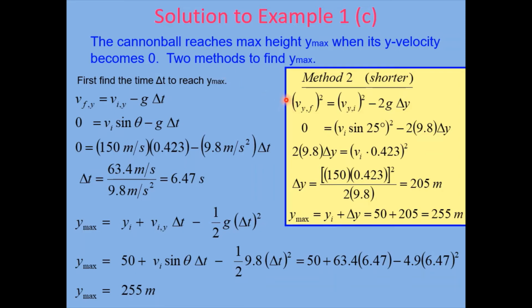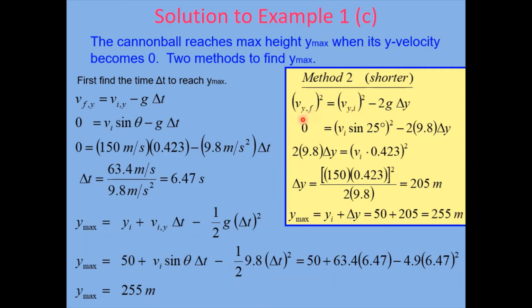So we can use this sort of as a trick. We can use our equation here for final y velocity squared equals initial y velocity squared minus 2g delta y. Now what we're going to do here is we're going to call the cannonball at its peak the final part of this problem. Obviously the cannonball goes past and ends up falling to the ground, but we're allowed at this point to define our final velocity at the peak.